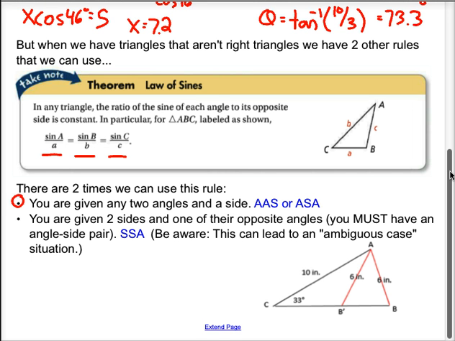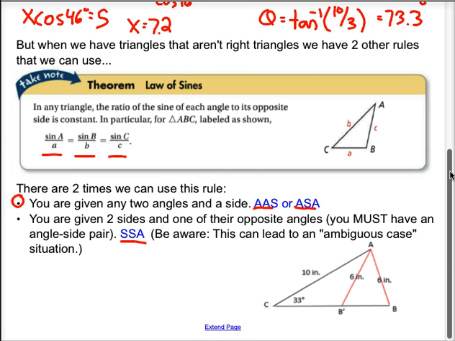I'm not going to go deep into what those mean because hopefully from geometry you remember all those triangle cases. You can also do it when you have two sides and one of their opposite angles. So side, side, angle. And in this you must have a side and an angle pair. You must have a complete pair in order to set up that ratio.